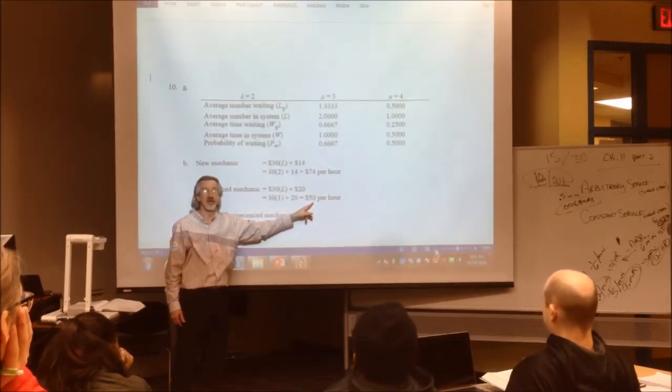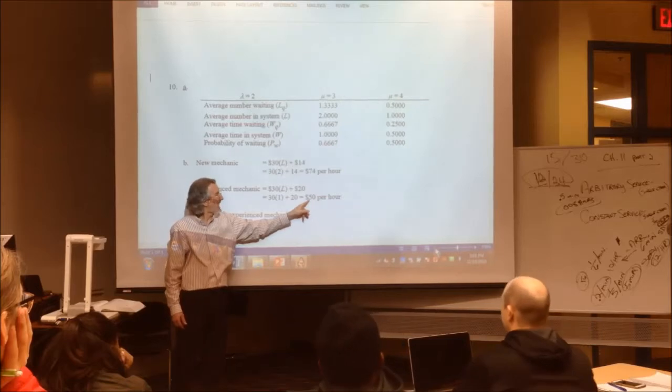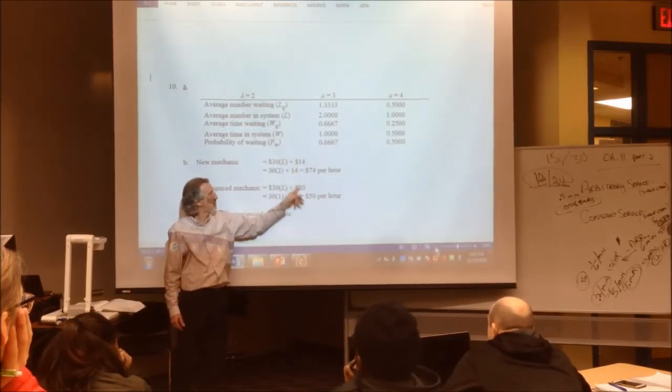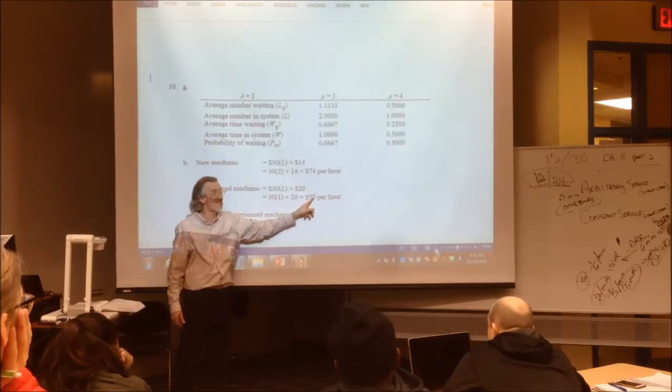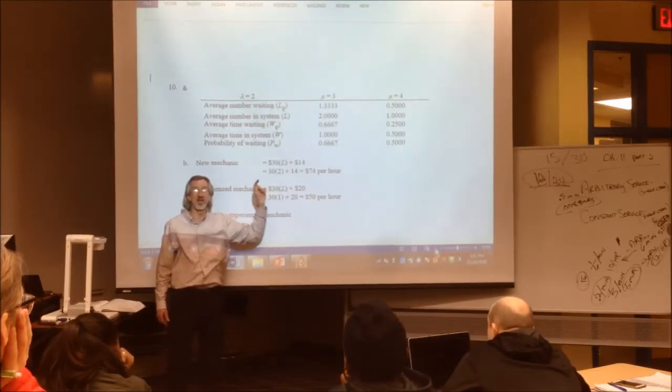So, whoever's handling the budget, I want to hire the more expensive person, even though it's $6 more an hour. Because in the big picture, it's saving us $24 an hour in waiting costs.